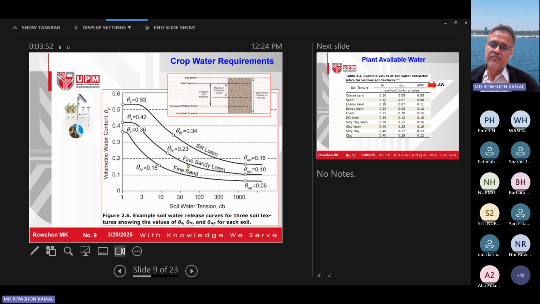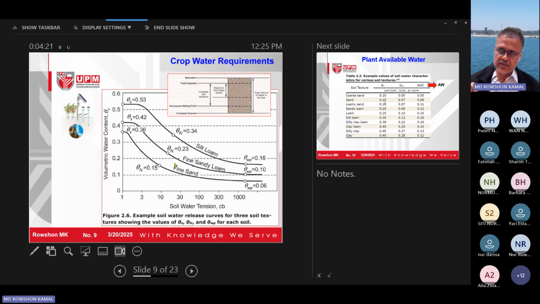This is very important for irrigation, or if you want to know the crop water status, whether the water is sufficient for the crop, and whether conditions are good or bad. To make a decision, this graph is very important.